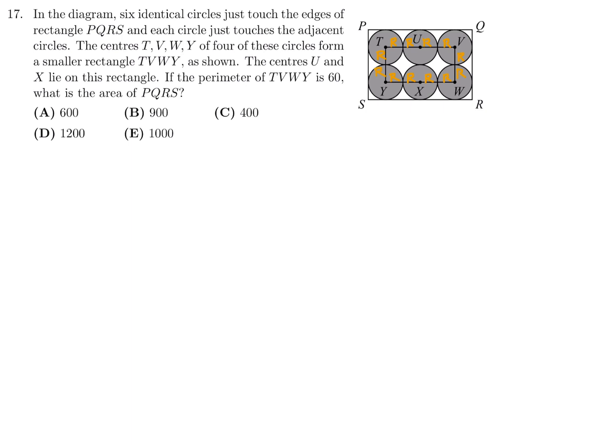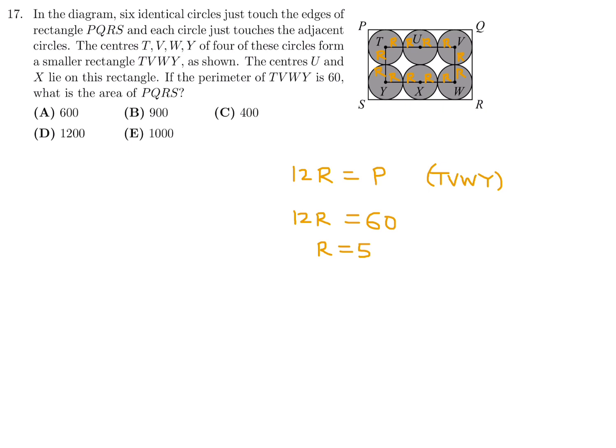How many R's do we have? Well, we have 1, 2, 3, 4, 5, 6, 7, 8, 9, 10, 11, 12. So 12R is the perimeter of TVWY, that rectangle. Well, they told me the perimeter is 60. So 12R is 60, and therefore R is equal to 5.